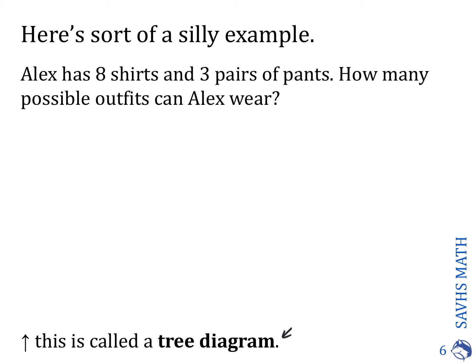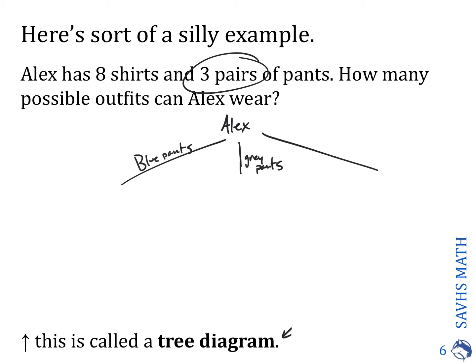Okay, so here's Alex. Alex can choose 3 pairs of pants. Maybe he has some blue pants, maybe he has some gray pants, and maybe he has some red pants. Those are his 3 pants options. But for each of those pants options, he could choose 8 different shirts.